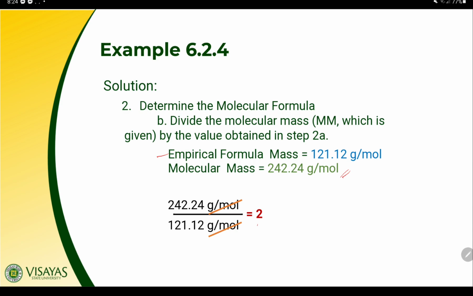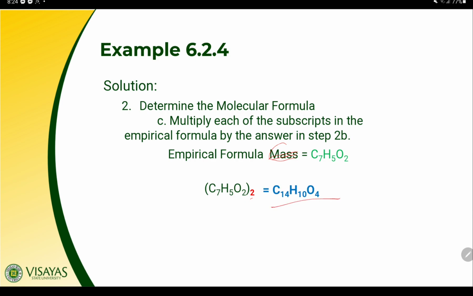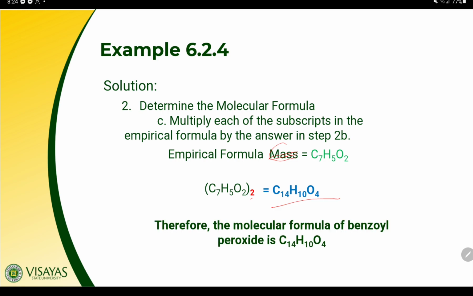So this number now is what we multiply to the subscripts in our empirical formula. So we have C7H5O2 times 2. So C7 becomes C14, H5 becomes H10, and O2 becomes O4. And this is now our molecular formula. Okay, C14H10O4.